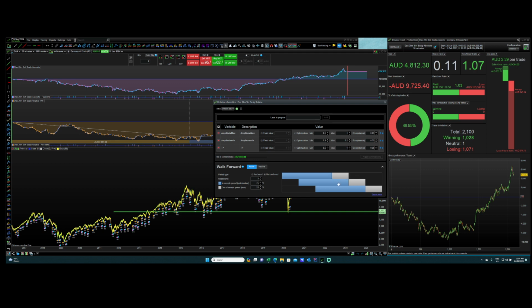And so by doing that, you can prevent your software from over optimizing parameters that will always give you the profit that was the best for the past, and will not necessarily be reliable for the future.